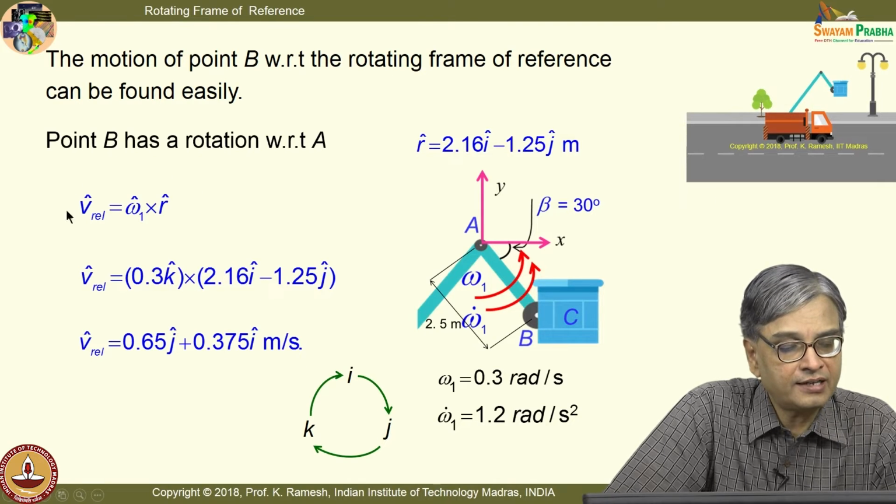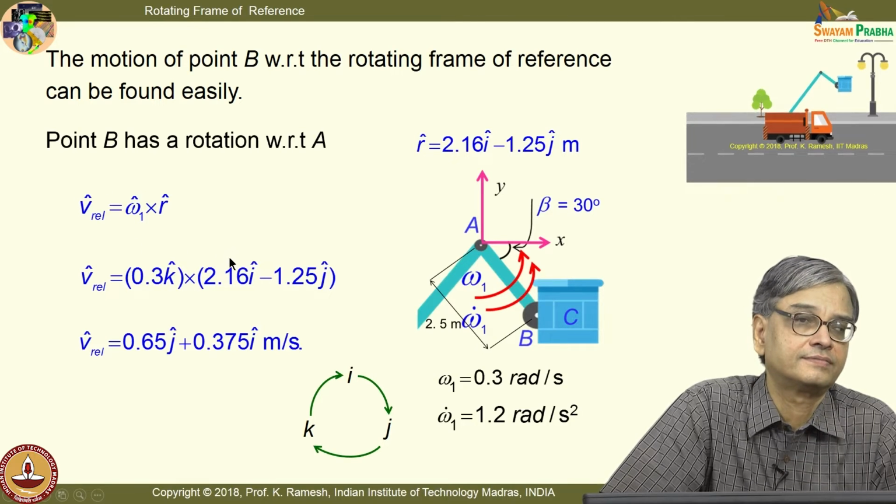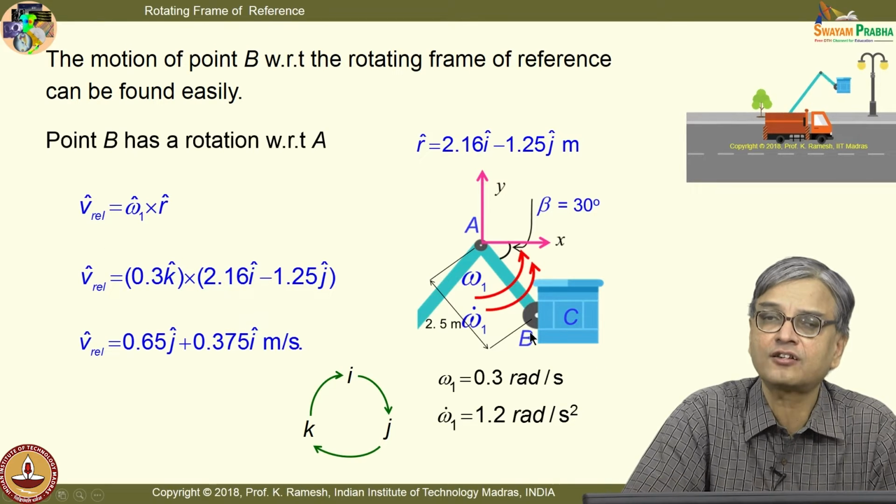I have calculated V_rel, I will also calculate A_rel, because in my calculations I need V_rel and A_rel, that is all I need. Rest of it I need to have the quantities that is specified in the problem. A_rel you can easily do because it is a circular motion.